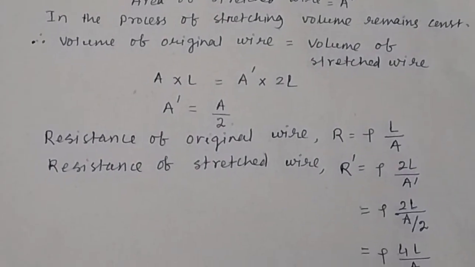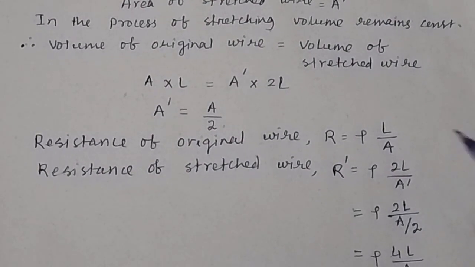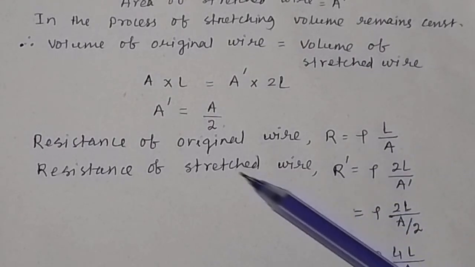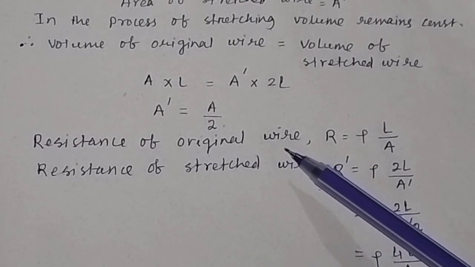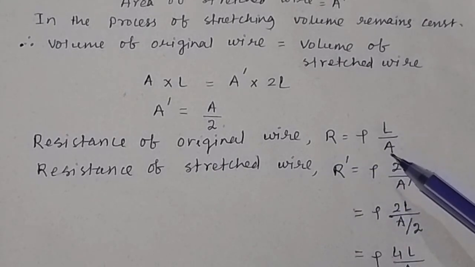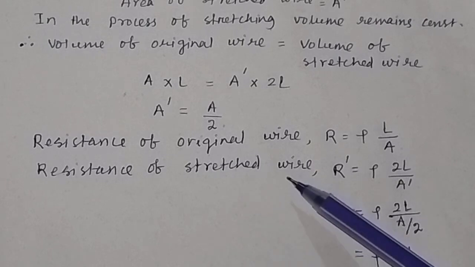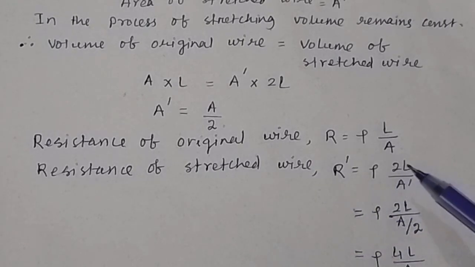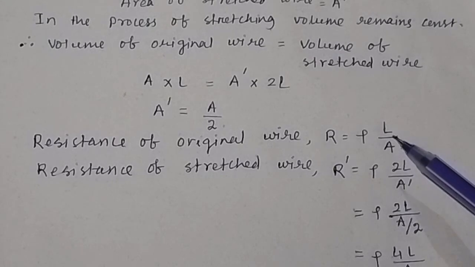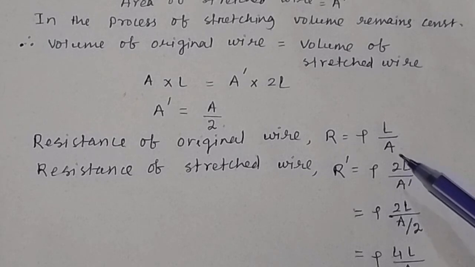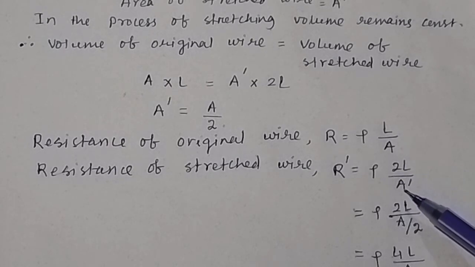We know the resistance of a wire is given by the formula R is equal to rho into L by A. So the resistance of the original wire is R equal to rho L by A, and the resistance of the stretched wire, suppose R dash, will be equal to rho into 2L by A dash, because in the original wire the length is L and in the stretched wire the length is 2L, and the area in the original wire is A and in the stretched wire it is A dash.